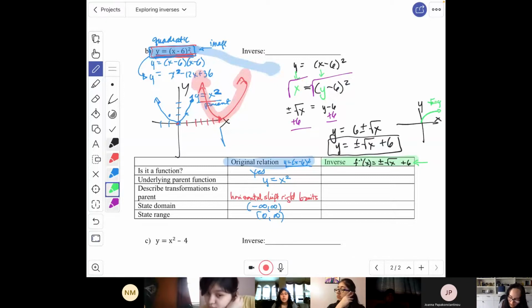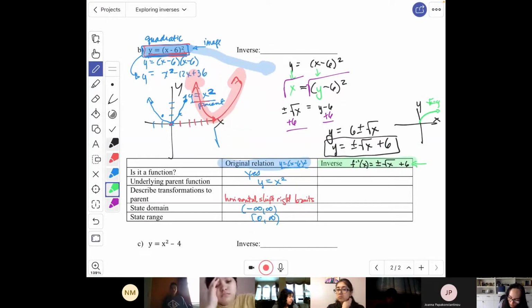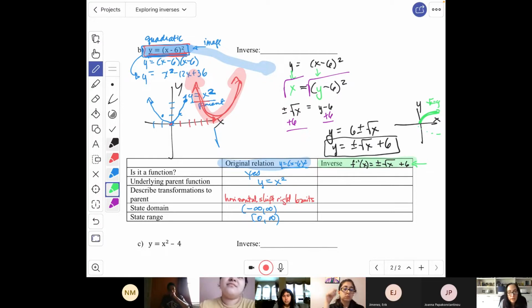Okay, as I was saying, this is the graph of the parent square root function. So if I took this and I reflect it across y equals x, we expect to see something that looks like that, right? So what would be the inverse? Well, we've found the inverse. This is the inverse.